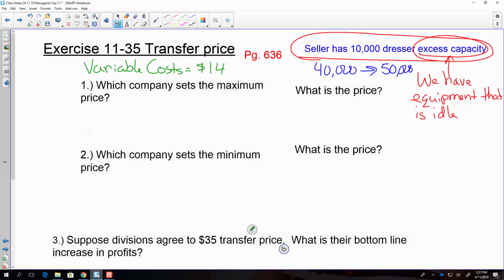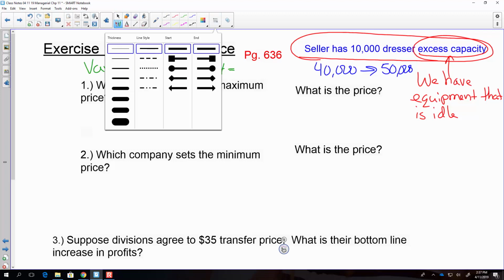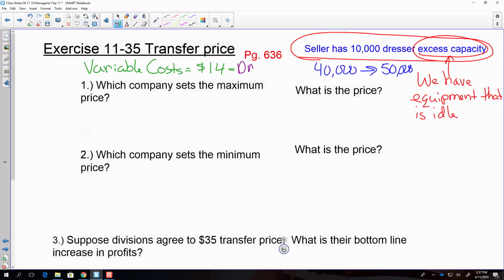And the sum of those three, I'm going to put that down here. Let me change color. It is direct material plus direct labor plus variable overhead. Because on some problems, they may not just give you the dollar amount of 14 in this case. They might give you material is 5, labor is 5, and variable overhead is 4.